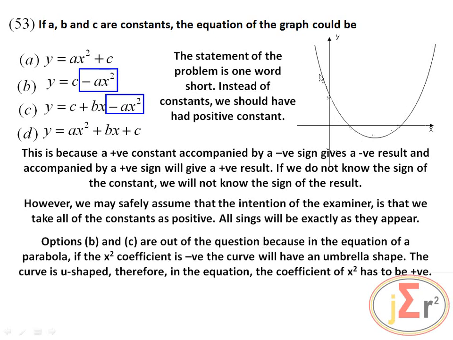A U-shaped curve has x squared coefficient being positive, like what we have here and there. Umbrella shape has negative x squared coefficients. These are out because the curve is not umbrella shaped. So options B and C are out.